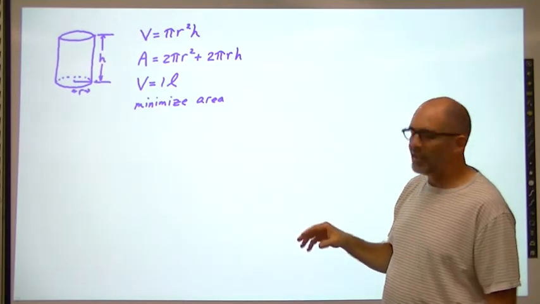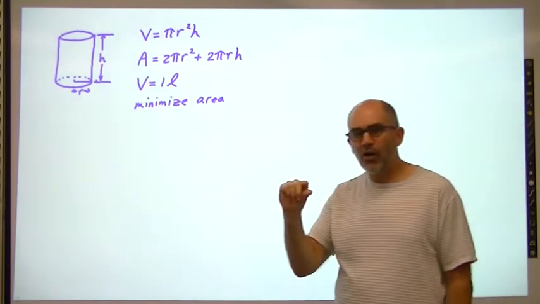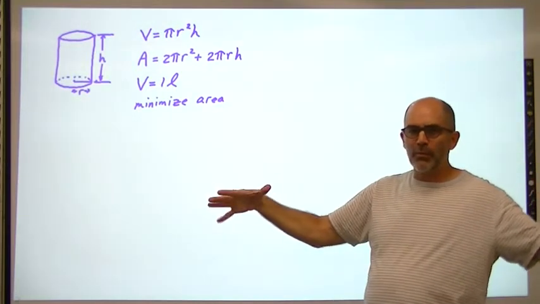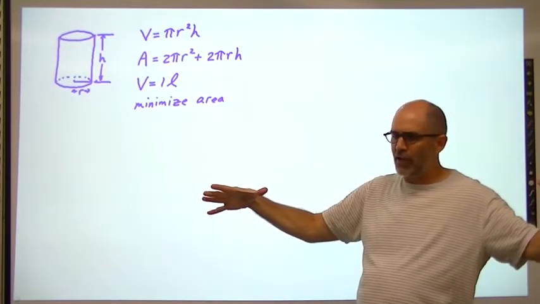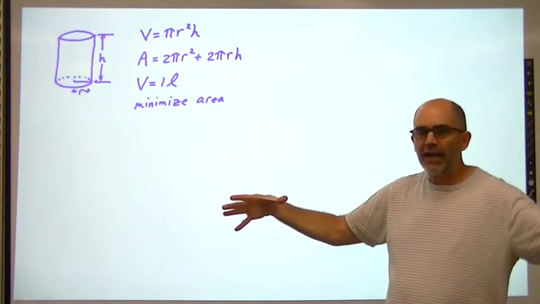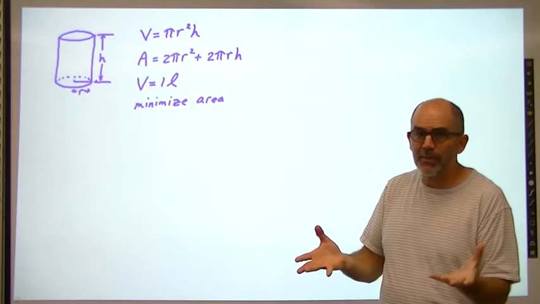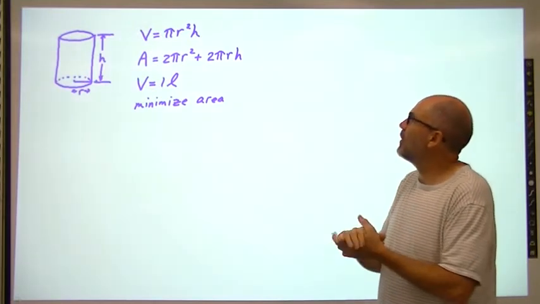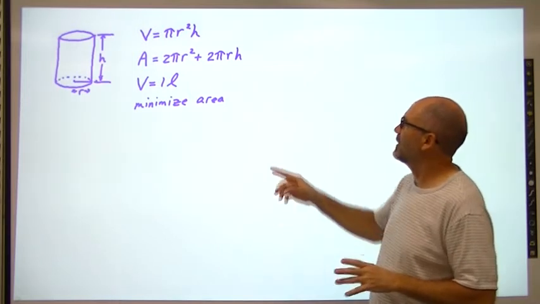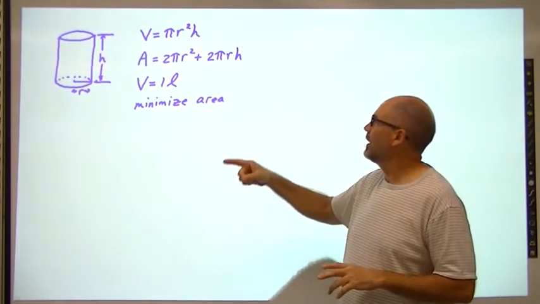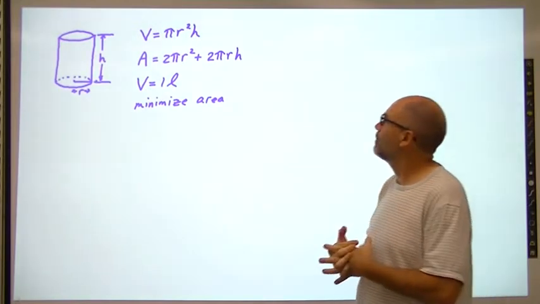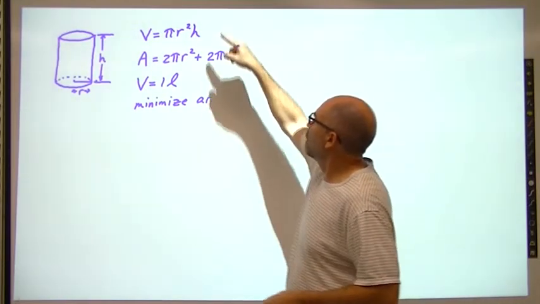And likewise, if we make H super small, that would make the radius have to be super big, so it would be like a giant coin, you know, real thin and wide, a huge amount of material. So there's some medium height and radius that's going to give us a 1 liter volume that's going to minimize the area.